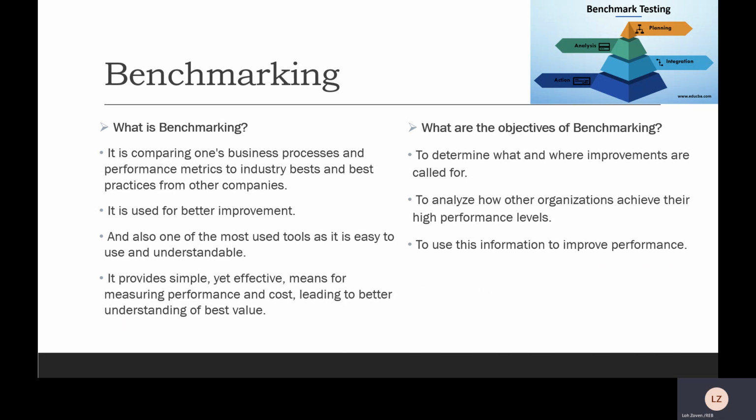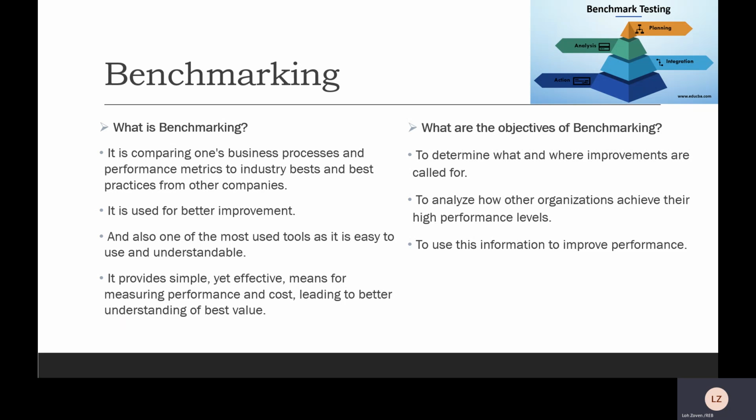So what are the objectives of benchmarking? To determine what and where improvement is called for, and to analyze how other organizations achieve their high performance level. So you can always use benchmarking to make sure you know what is happening in this industry, what people are doing nowadays, for you yourself, your firm, to improve to the next level, to the next standard, marking yourself against a standard that the market, the industry is accepting.